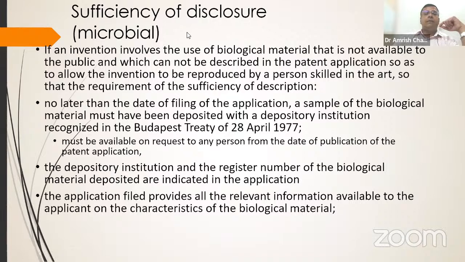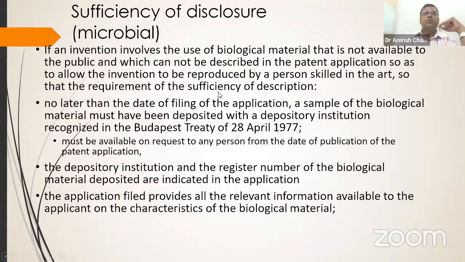And if you are using any microbes in your research, if you're working on some fermentation product or biotech product or something like that, then these microbes have to be deposited in the microbial culture collection, as per the Budapest Treaty of 28th April 1977. In India, the center is MTCC at Chandigarh, where you will have to deposit the microbial strain on which you are working.